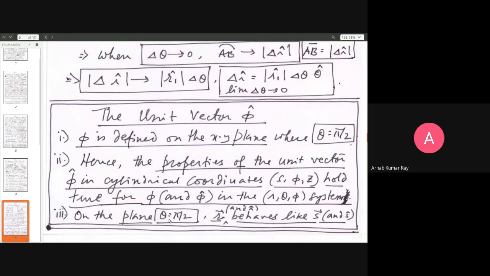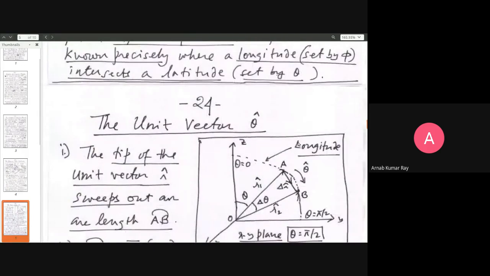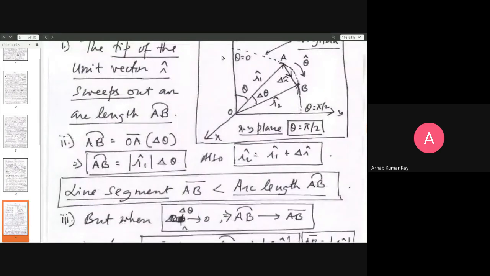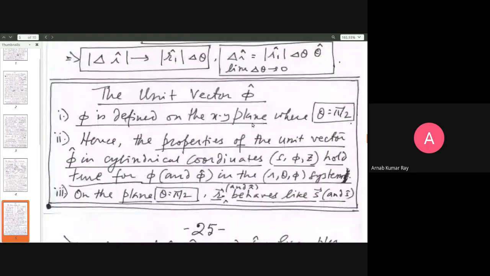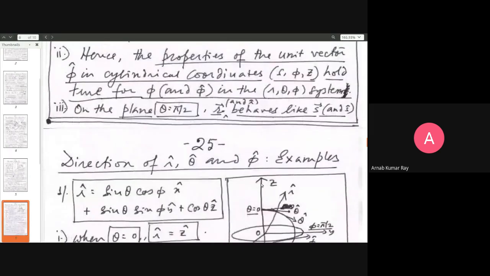So on the plane, theta is equal to pi by 2, meaning the xy plane. Theta is 0 here. When you come down to this plane, theta would have traveled through an angular displacement of pi by 2, 90 degrees. So on the plane theta equal to pi by 2, vector r and r cap behave like vector s in the cylindrical coordinate system.